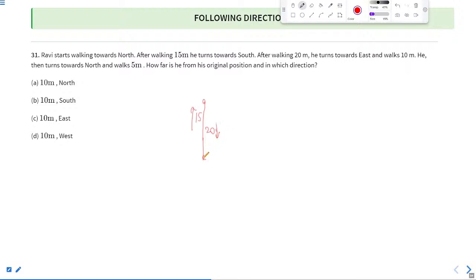Then he turns towards east and walks 10 meters. Then turns north and walks 5 meters.